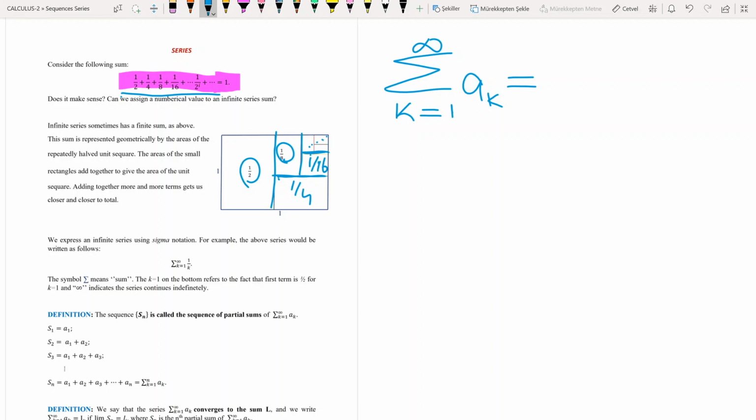So how do we explicitly write this infinite sum? For k equals 1, you have a1, the first term of the sequence ak. Then the second term of the sequence for k equals 2, the third term of the sequence, and it goes to infinity. This notation is called sigma notation.